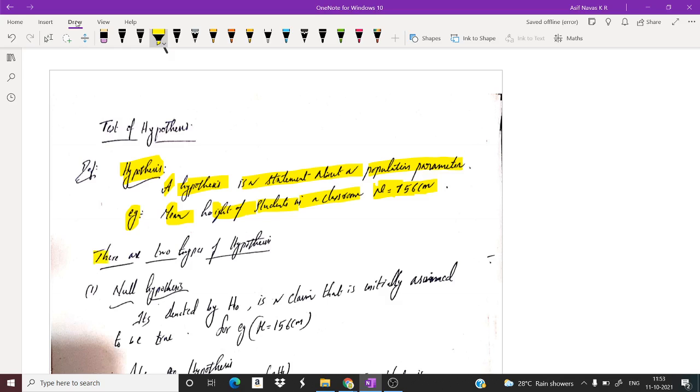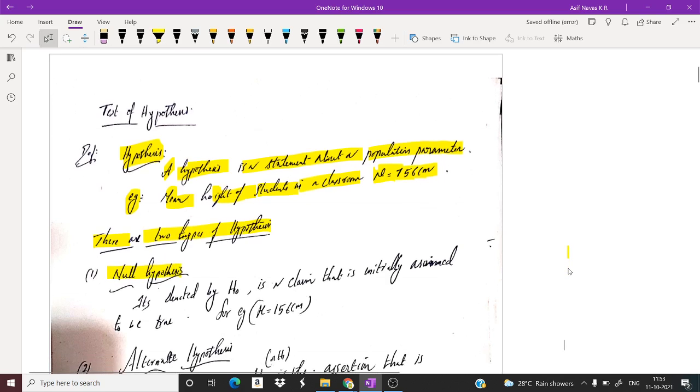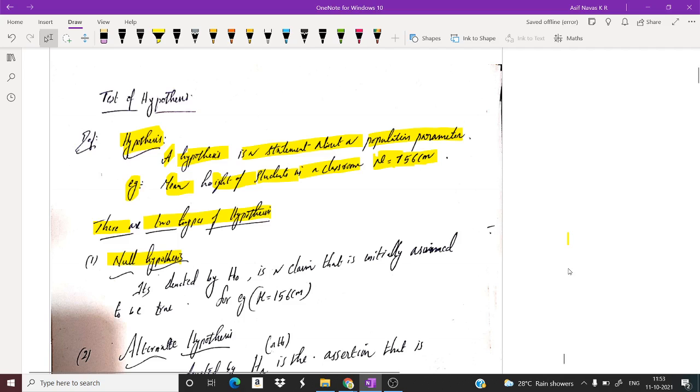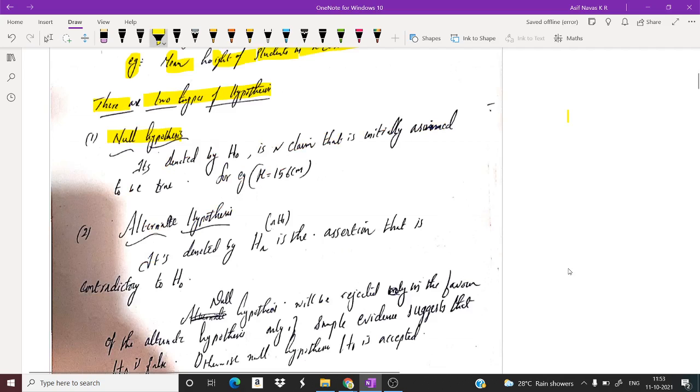There are two types of hypothesis. One is the null hypothesis and the other is the alternate hypothesis. So what is the null hypothesis? It is denoted by H naught, a claim that is initially assumed to be true.